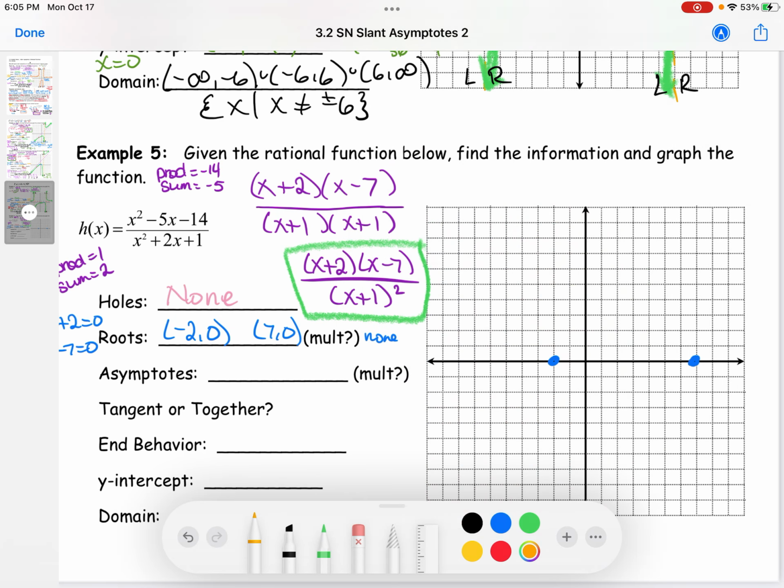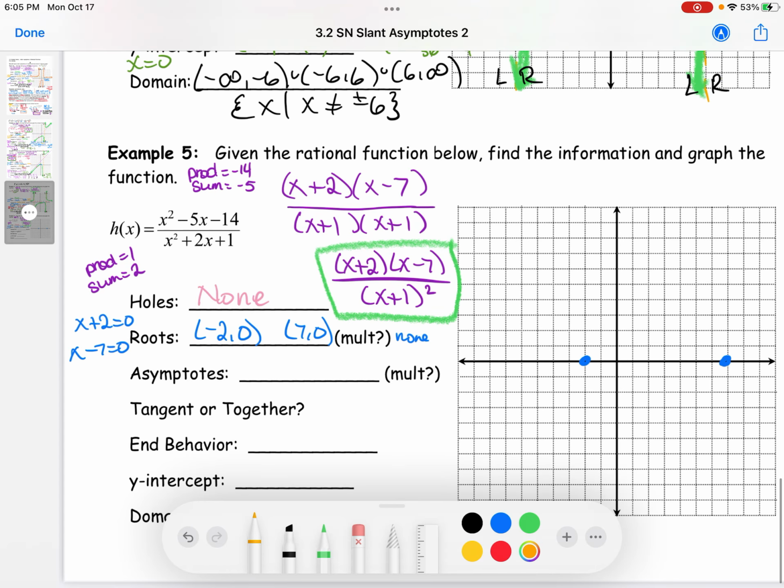Now, for the asymptotes, we set the denominator equal to 0. That's x plus 1 equal to 0. That asymptote is a line. We write it as the equation of the line, x equals negative 1. Go ahead and graph that dashed line on the graph. Now, there is a multiplicity here because this is a double.